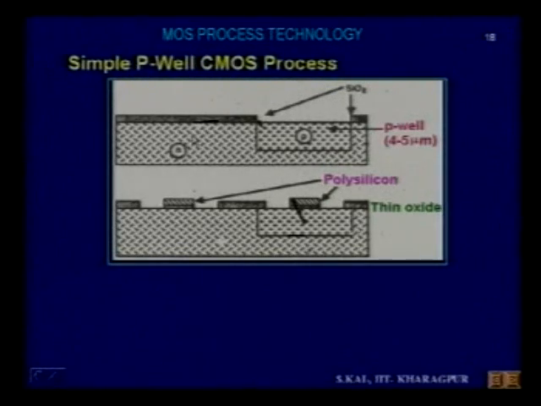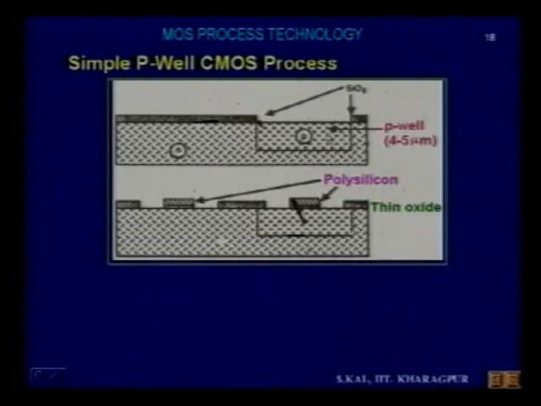For fabricating NMOS, you need a P-type substrate. So how can you locally get a P-type substrate? Just by diffusion or implantation. Deep, high energy, high dose implantation is done to achieve a well doped with P-type dopant, and then a long drive-in process follows so that you get a 4 to 5 micron deep POL.